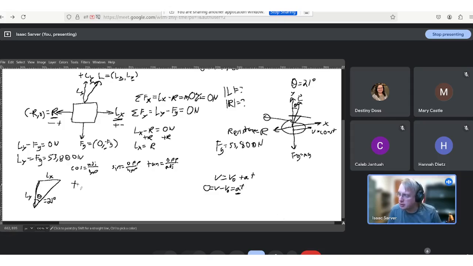Alright, so tangent of 21 degrees is equal to what?